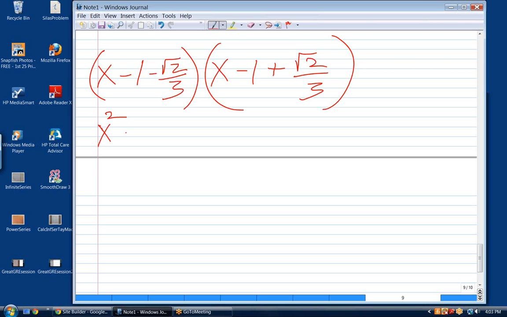so then you have minus 1x minus x plus root 2 over 3x. And then minus x plus 1 minus the square root of 2 over 3.